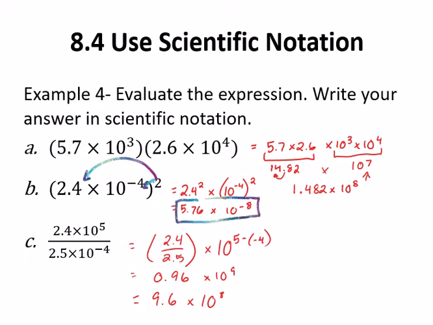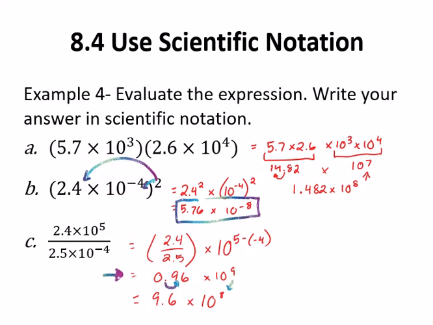I didn't have to fiddle with it any further. Whereas in part C, when I divided 2.4 divided by 2.5, I got 0.96, and in order to get it into scientific notation, I needed to move the decimal place to the right. Since I made that piece of the number bigger, I needed to make the exponent smaller.